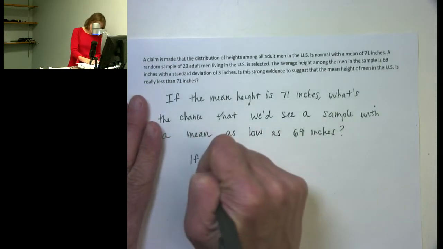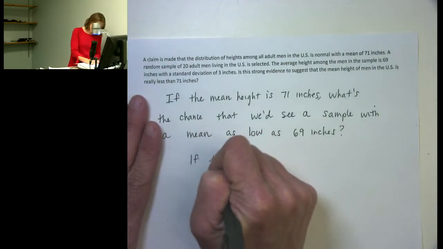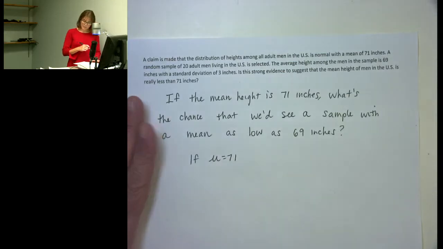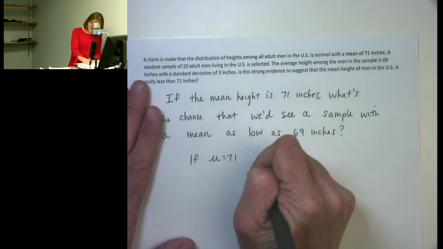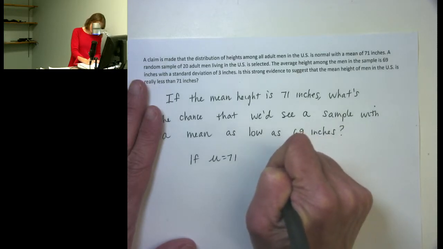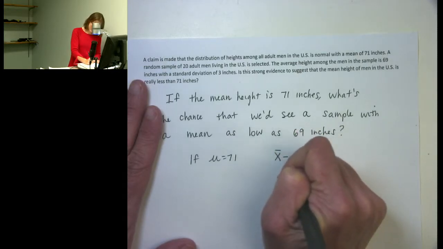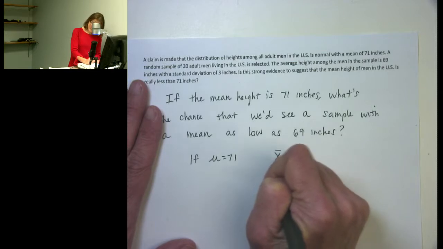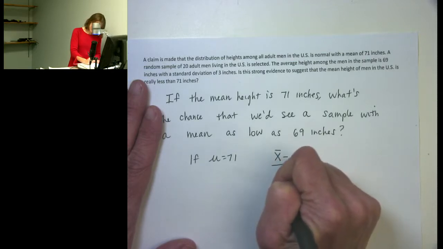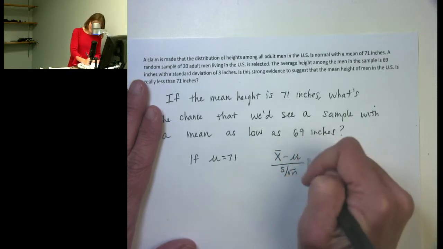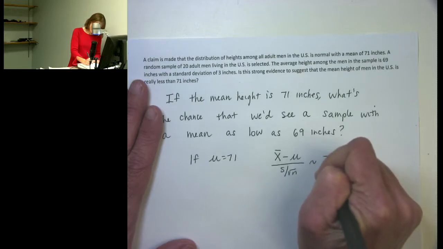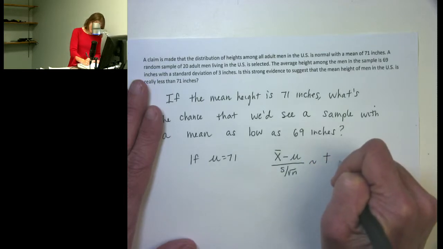So if the mean is 71 inches, that would mean that the quantity x bar minus the mean over s over the square root of n has an approximate t distribution with n minus 1 degrees of freedom.